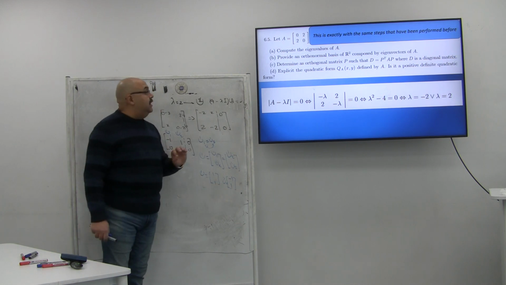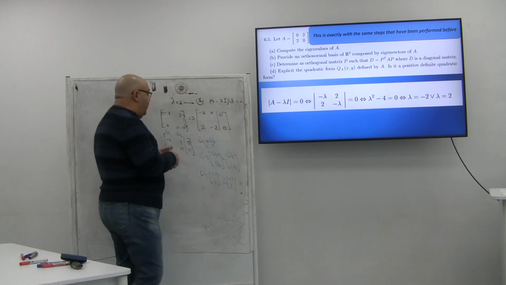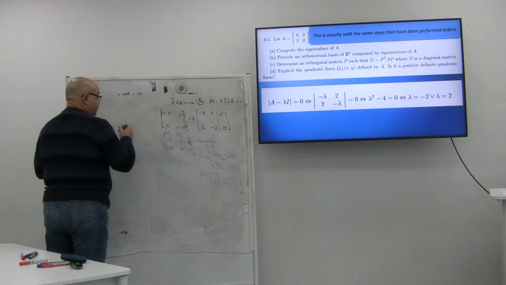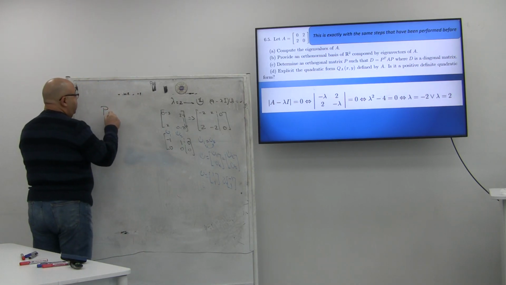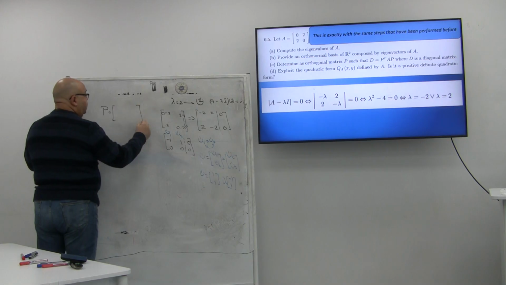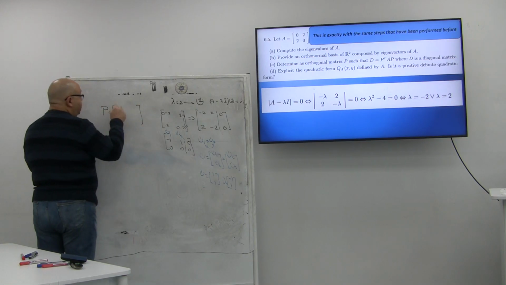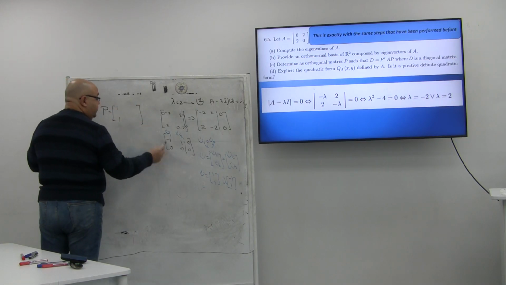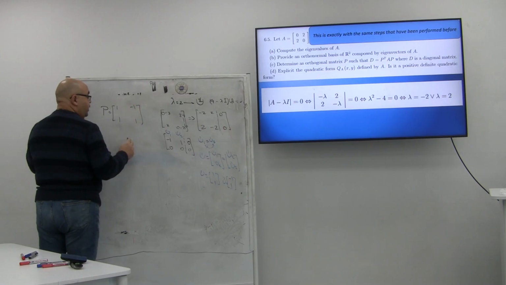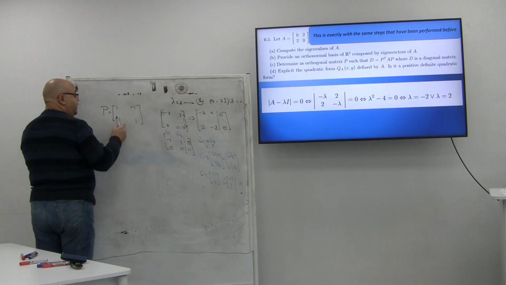Now I can get the matrix B. The matrix B is really very simple. So the matrix B is going to be, I will put the first vector, which is 1 and 1, the second vector, which is -1 and 1. I will divide the first vector by the square root of its components, similarly for the second one.